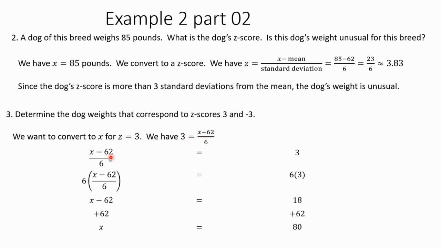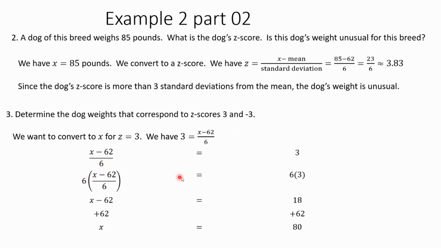So again, this is what I did: x minus 62 over 6 equals 3. Now we want to solve for this x. We want to get x, so let's get the 6 out of there.